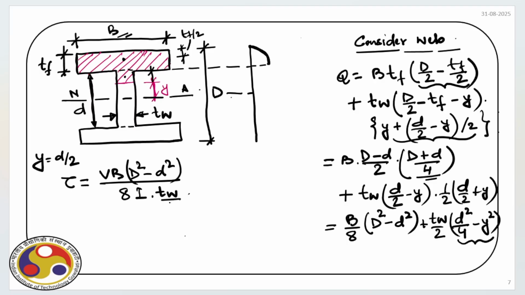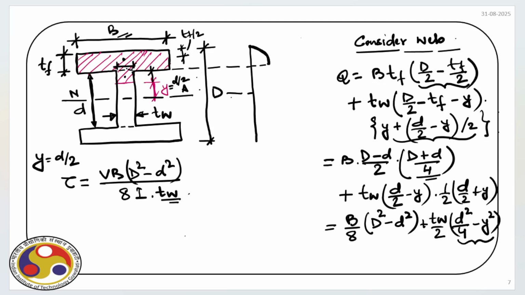TW is the width at this level. So when we have y equal to d by 2, then we have this expression.